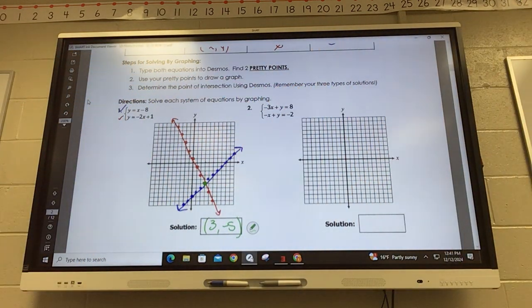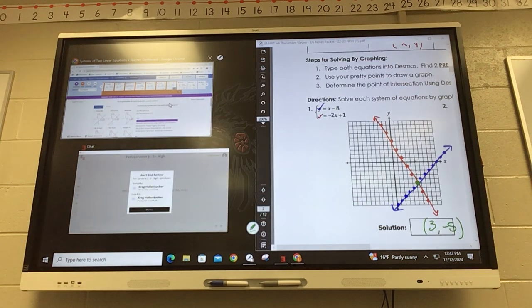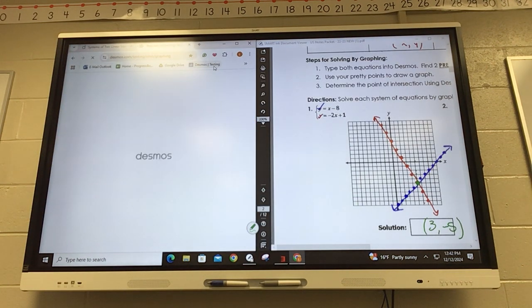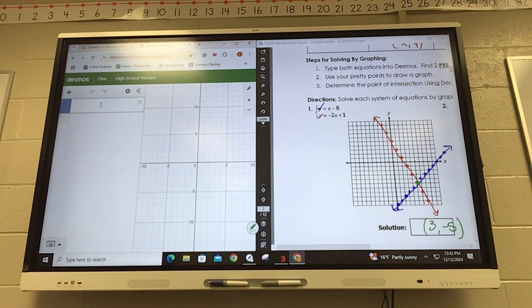So go ahead and type both of those into line 1 and line 2. And click where they cross each other.